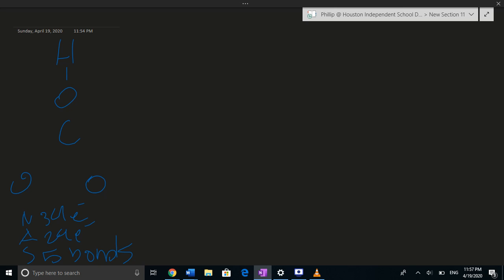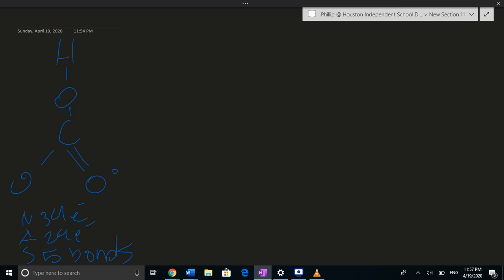So first thing first, we draw our bonds: 1, 2, 3, 4. Carbon is the central atom. It can't just have 3 bonds. It needs to have a complete octet, so we're going to have to draw a double bond for this one.